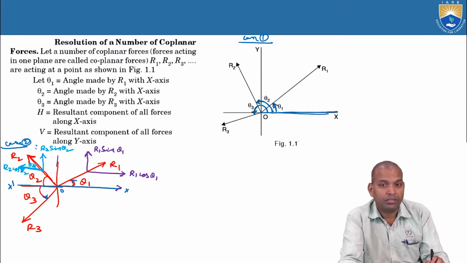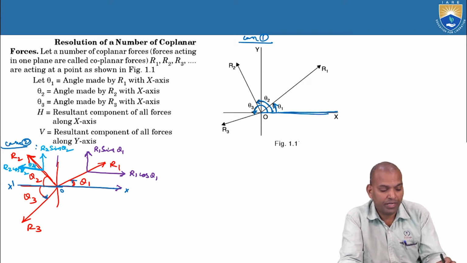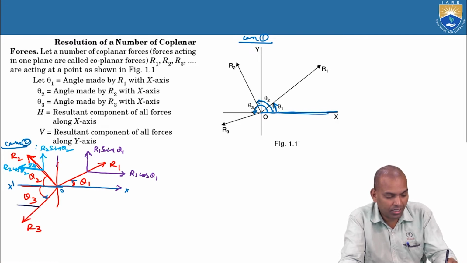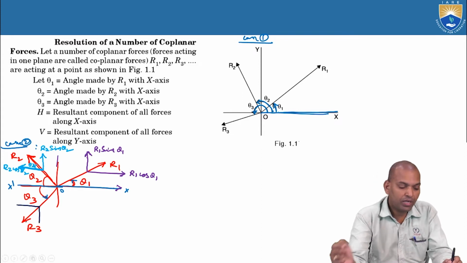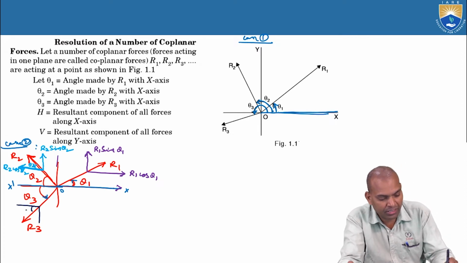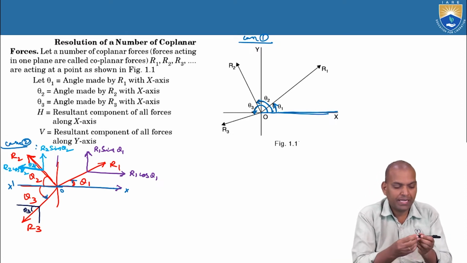Now coming to another situation here, similarly draw another one, that is theta 3. Draw a horizontal line and a vertical line. What is the direction of R3? This is the angle made with theta 3. So make it horizontal.